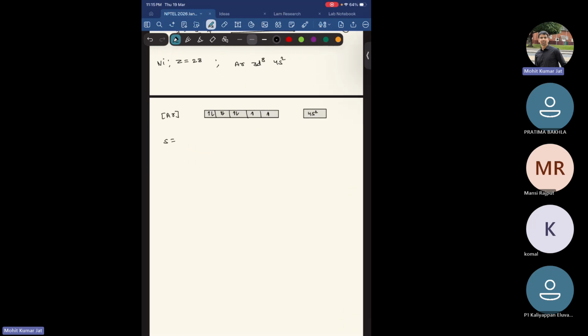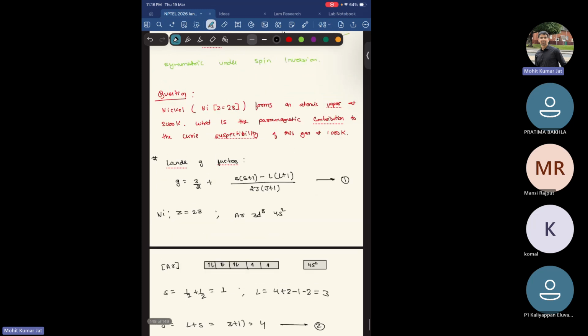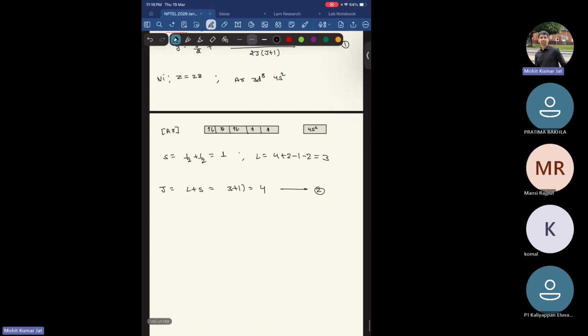Therefore, spin S is equal to 1/2 + 1/2 = 1, and L is equal to 4 + 2 - 1 - 2 = 3. That gives us J = L + S = 3 + 1 = 4. This is equation number 2. The earlier one was equation number 1.